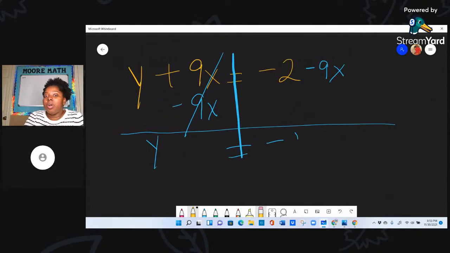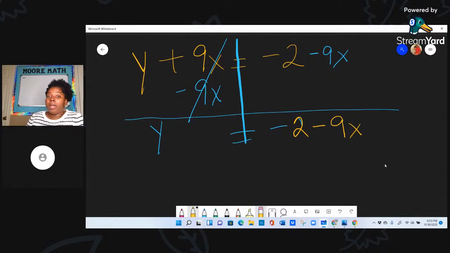Okay. All I need to do, look, this is what you have right now. Y equals -2 minus 9x. Okay. Is it in slope intercept form? No. Okay. What do I need first so that it can be in slope intercept form? We already have y on the left side. The left side is fine.